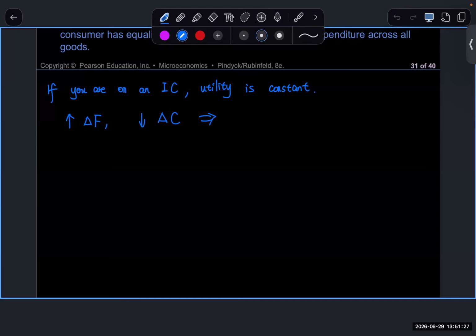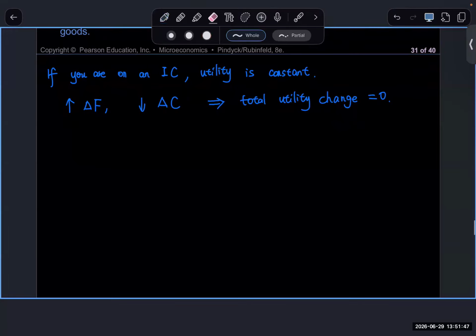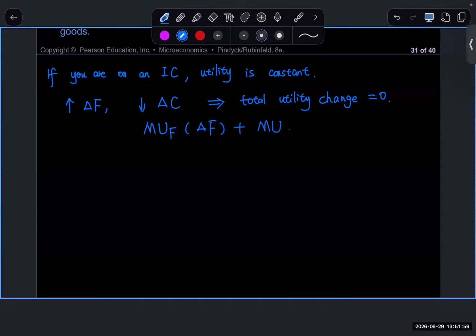So this means the total utility change equals 0. That's why we have MUF, marginal utility from food, times the change in food, plus MUC, the marginal utility from clothing, times delta C equals 0, because we are on one IC curve.